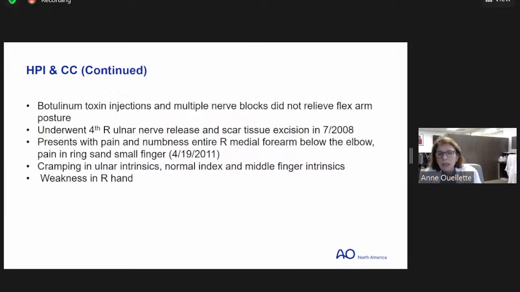So she had some botulinum injections and multiple nerve blocks, which did not relieve her flexed arm posture. She had another ulnar nerve release with scar tissue excision and still presented with pain in the ring and small finger, cramping in her intrinsics, and weakness in her right hand.